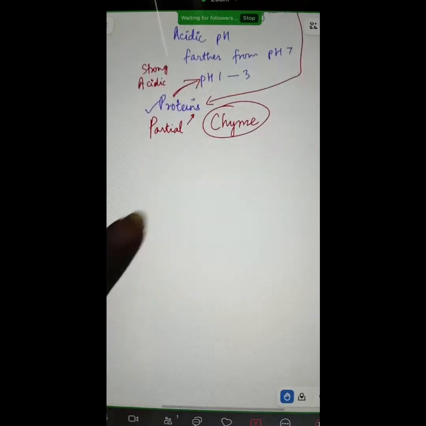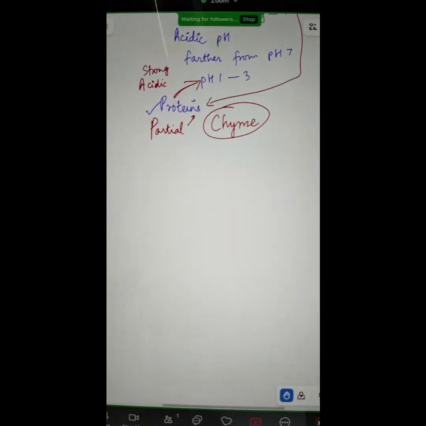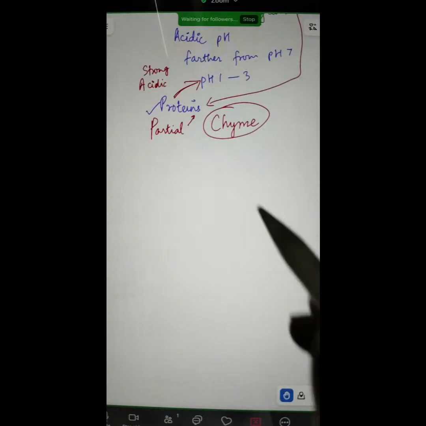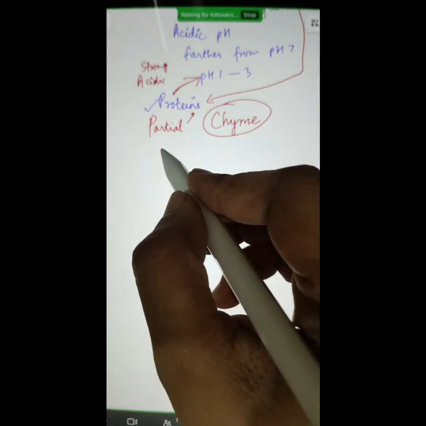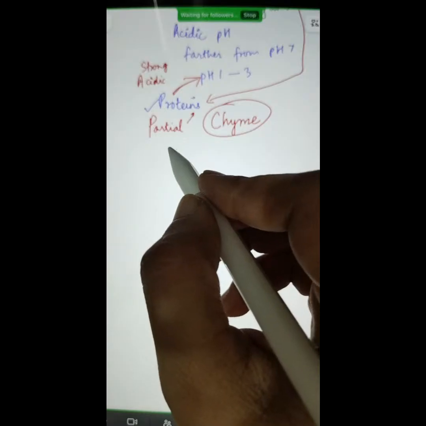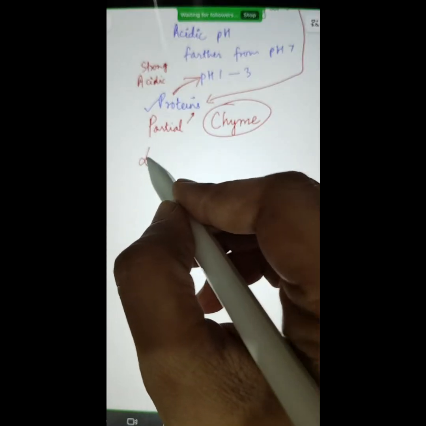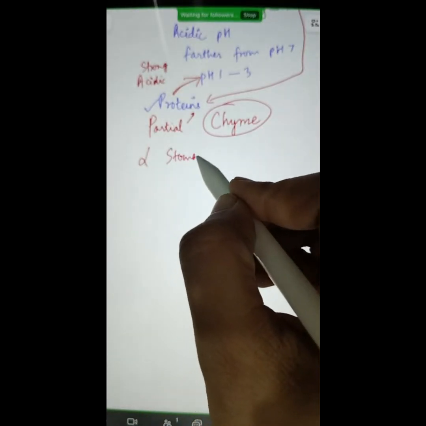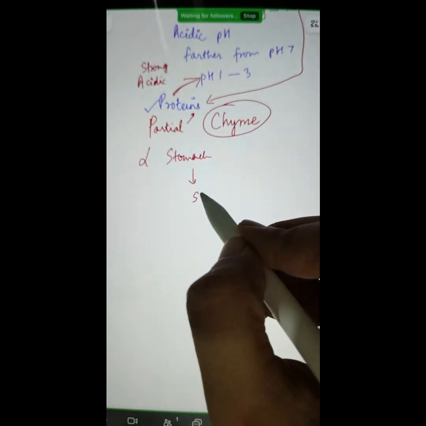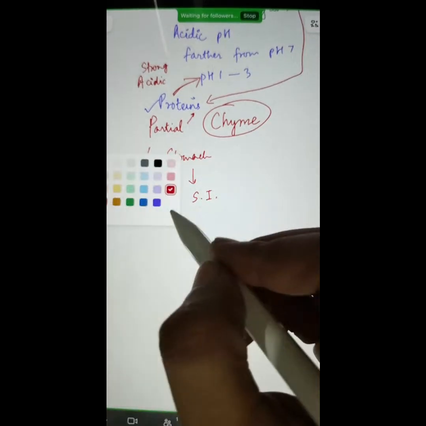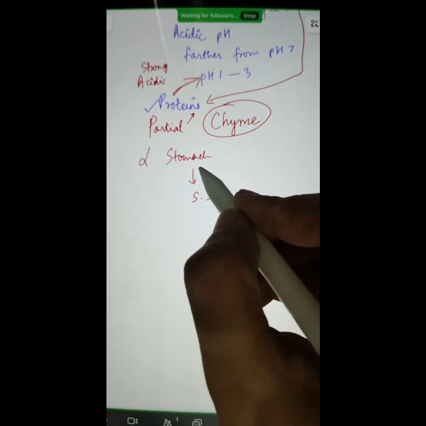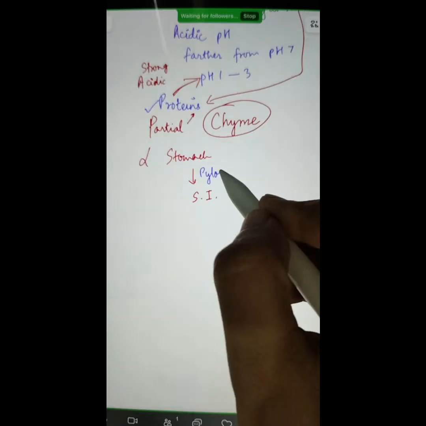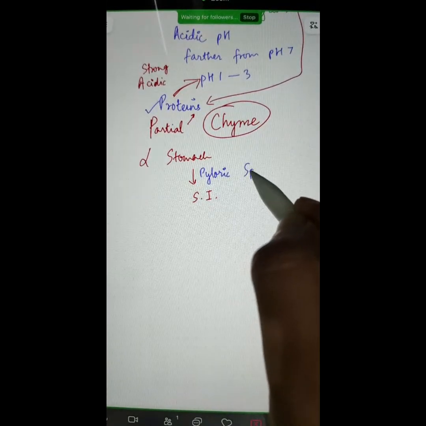So we are done with what happens to the food in the mouth and what happens to the food when it reaches the stomach. Now, the main part of the digestion. As the food passes from the stomach to the small intestine, again there would be a sphincter in between, and this time it is going to be the pyloric sphincter.